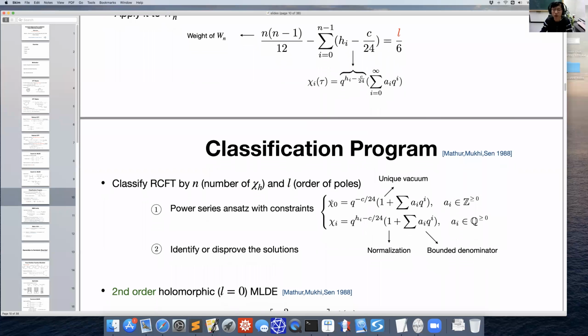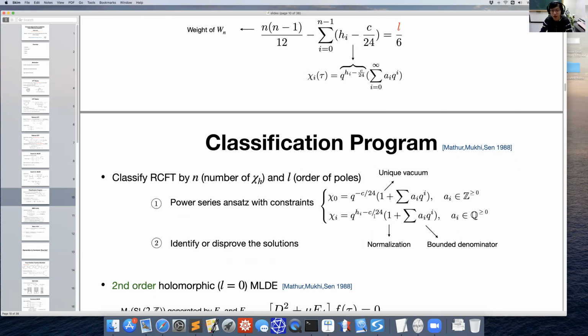For example, the vacuum character must take the following form, where this coefficient is 1 because we only have a unique vacuum in the CFT, and the a_i must be non-negative integers because they come from characters. For the other characters chi_i, this is purely a normalization, because we can have degeneracies for other primaries, but let's just normalize it to be 1.